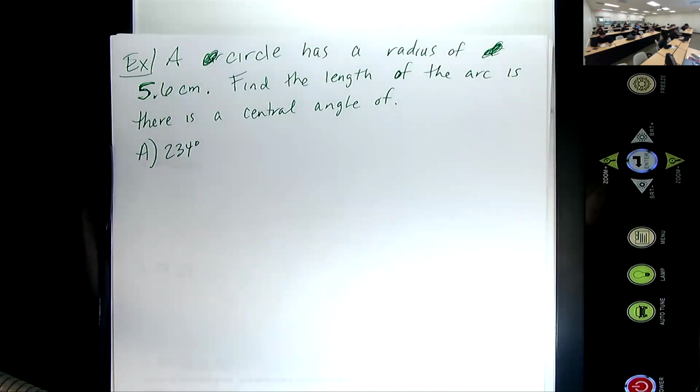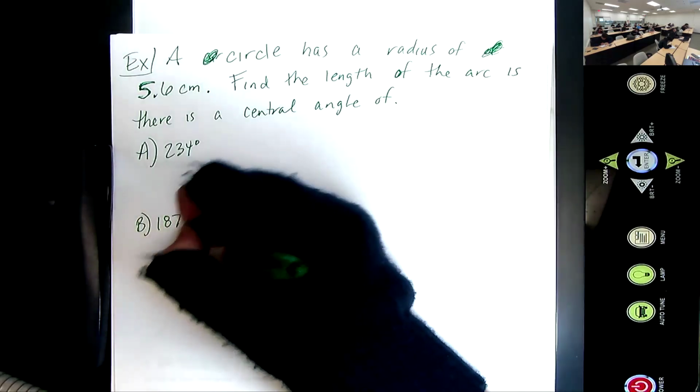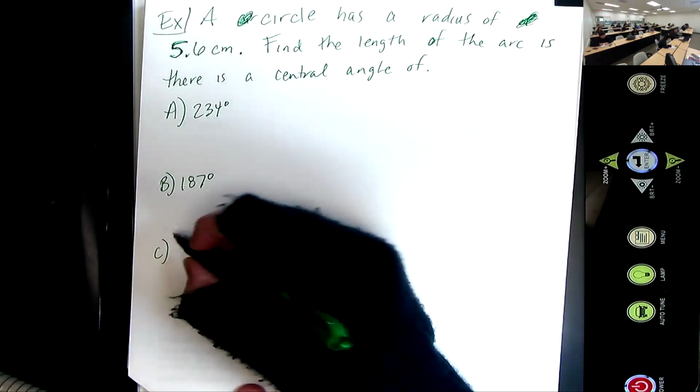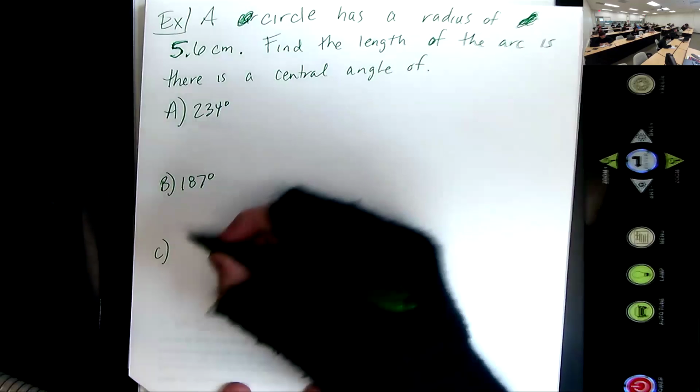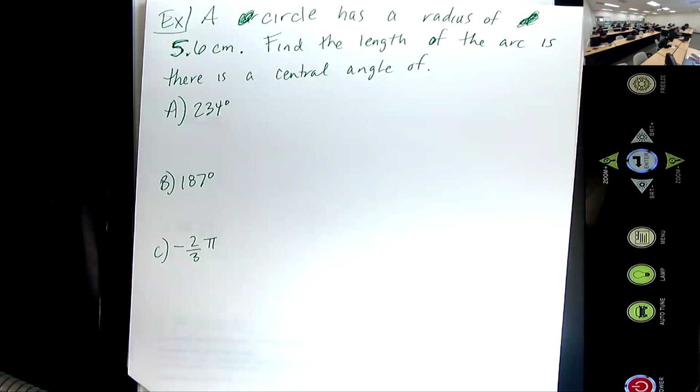Patrick, you want a number? 187. And who wants to pick a radian? Abby, pick a radian amount for me. Just pick a fraction and I'll add pi to it. And then we'll do negative. Negative 2/3 pi. Let's do it.